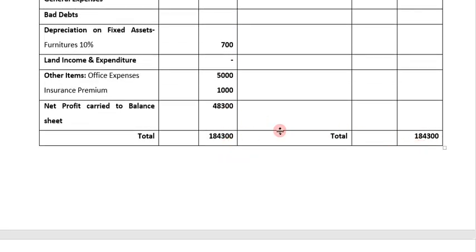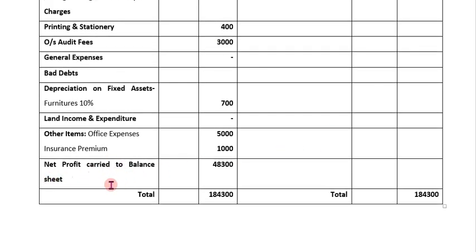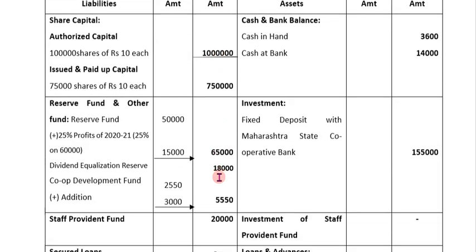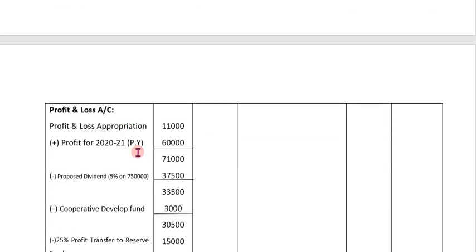Whatever is the difference between credit side and debit side, if credit side is more than debit side, that is net profit. So net profit carried to balance sheet, the difference is 48,300.